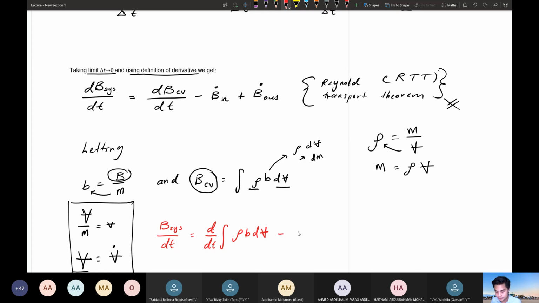We can replace here with b1 rho 1, velocity 1, area 1, plus b2 rho 2, v2 A2.